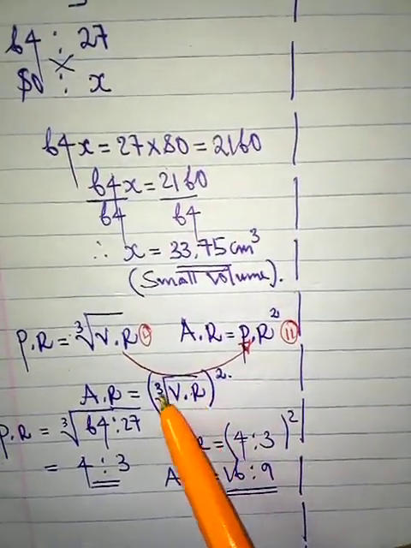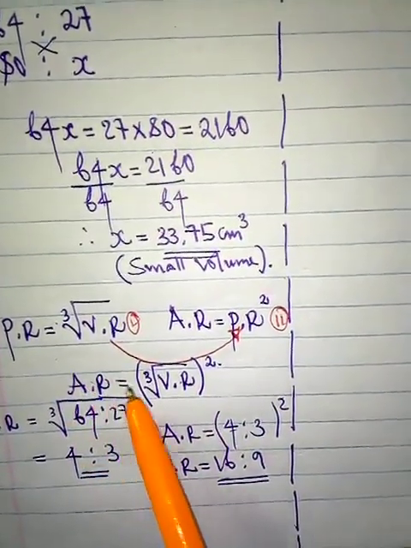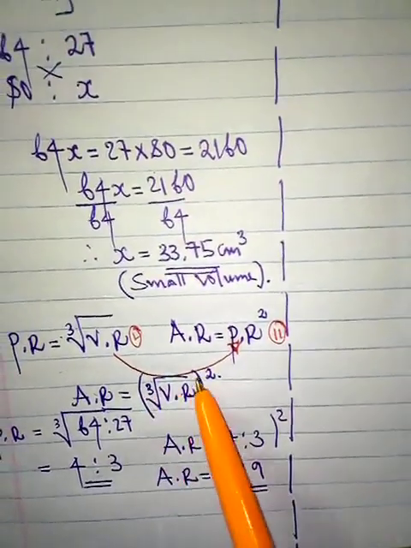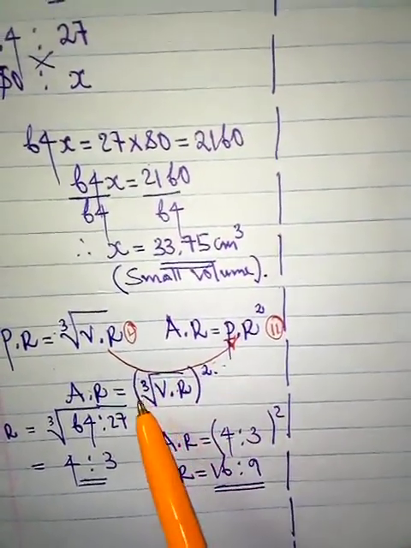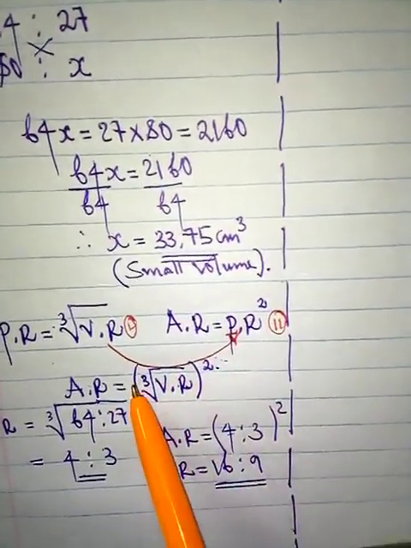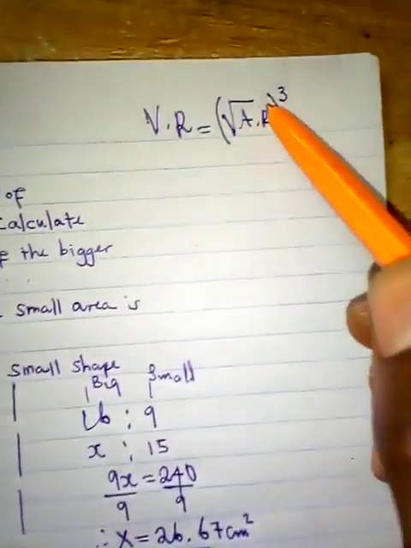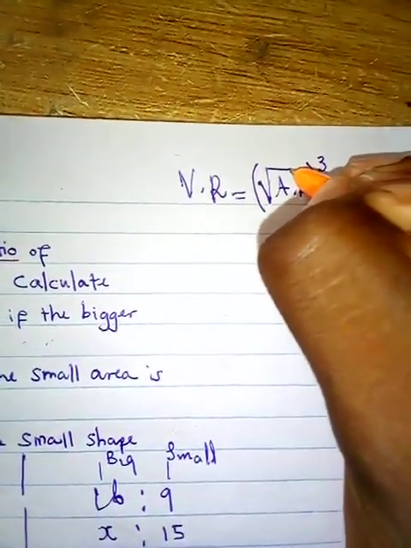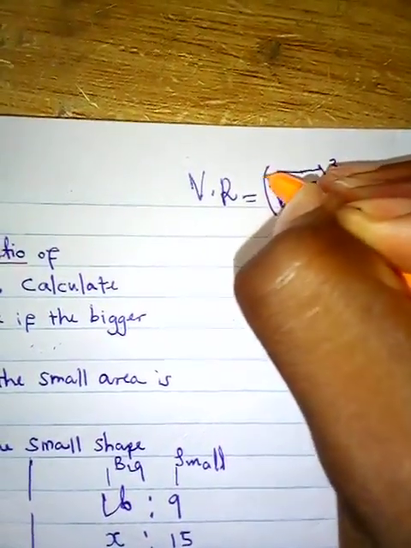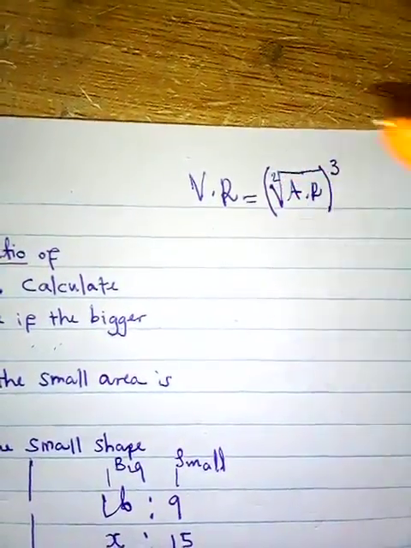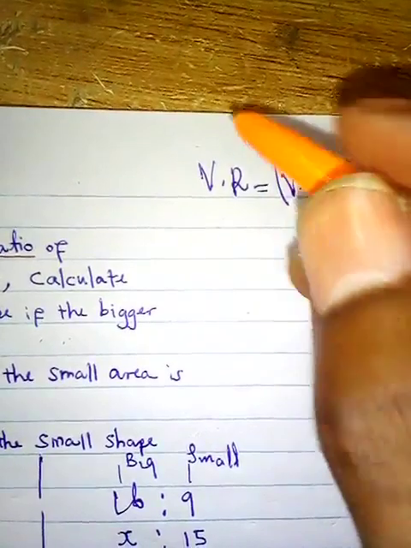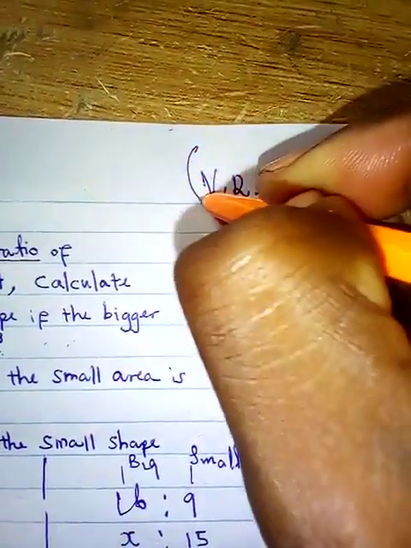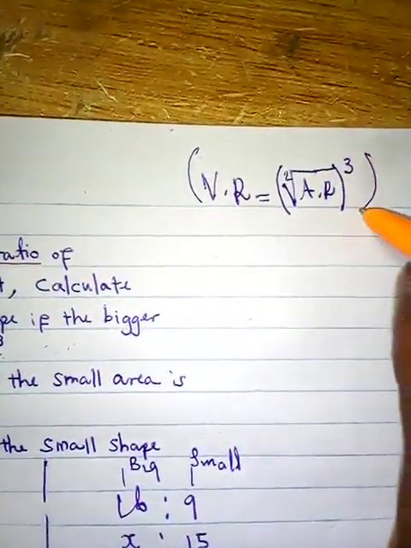If you bring out the volume ratio, taking the area ratio inside, the two numbers will interchange. The 3 is going to come outside, the 2 is going to come inside. And this is what you're going to have. So even though we haven't shown it, there is a 2 that is just exactly right here. So bear this formula in mind as well. It's very important.